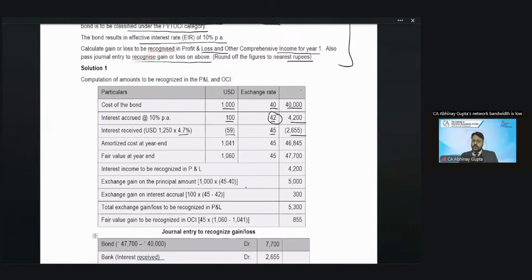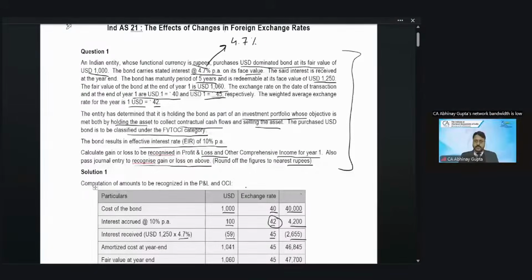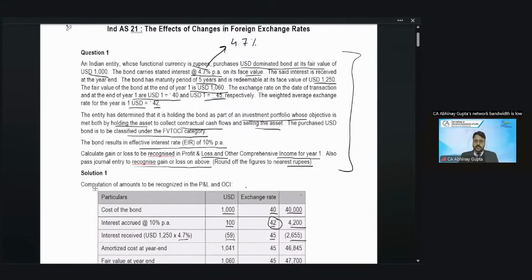So why are we using 45 here? Because interest is received at the end of the year, that is specified in the question. So if it is being received at the end, then it will be converted at the year end rate.